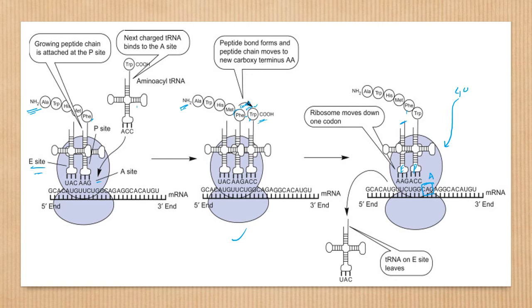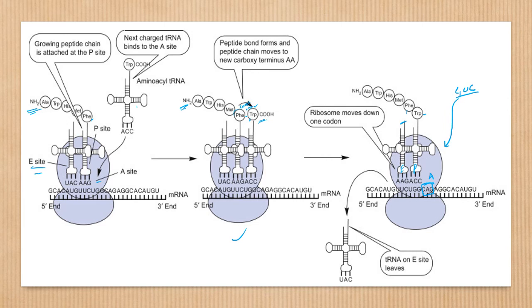So the GUC codon comes onto the A site, and again that GUC represents an amino acid that bonds with this tryptophan. So whenever the peptide bond is formed, the amino acid attached to the tRNA molecule is joined with the polypeptide chain.